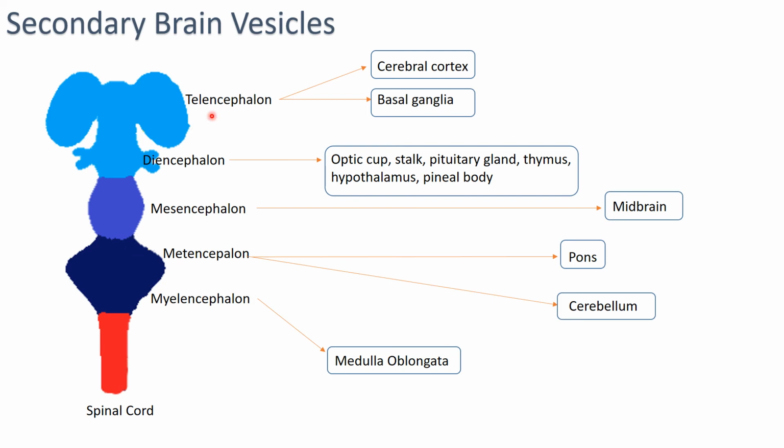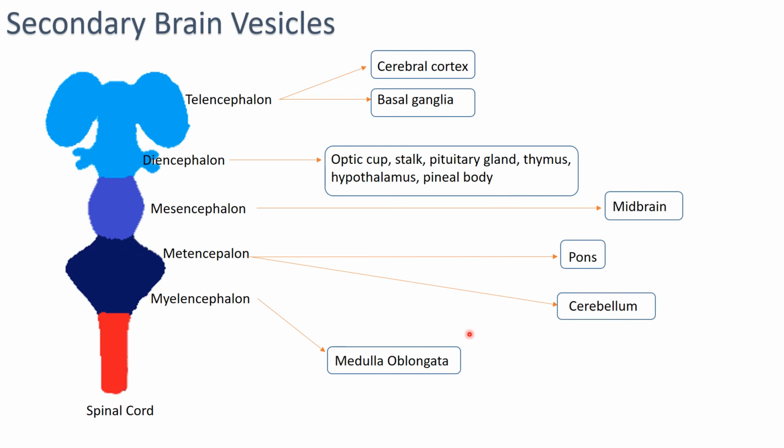With the diencephalon, what's going to happen is that it's going to form these structures. It's going to form the optic cup and stalk, the pituitary gland, the hypothalamus, the thalamus. This shouldn't be thymus, this should be thalamus, if you could please make that correction, as well as the pineal body. So that's for the diencephalon.